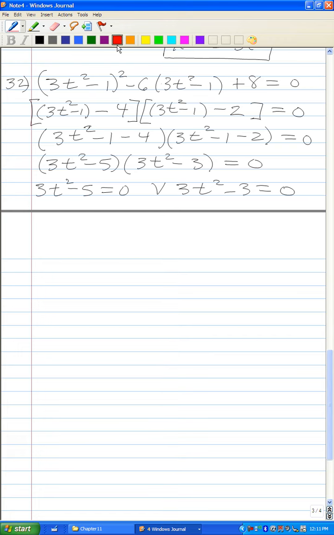Add 5, 3 to both sides of your equation. So you get 3t squared equals 5, 3t squared equals 3. Divide by 3.